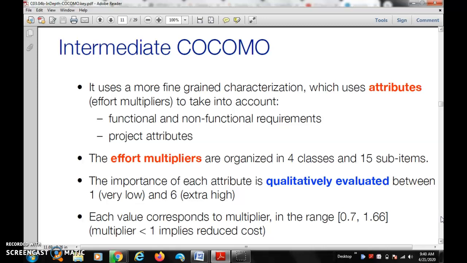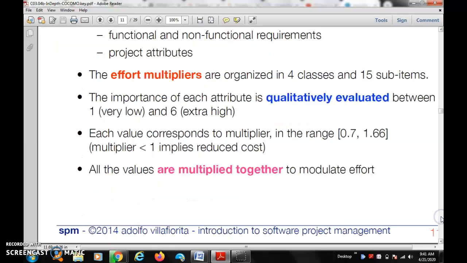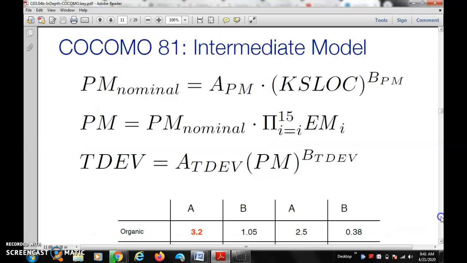Each value corresponds to a multiplier in the range 0.7 to 1.66. A multiplier less than 1 implies a reduced cost. And all values are multiplied together to modulate effort.